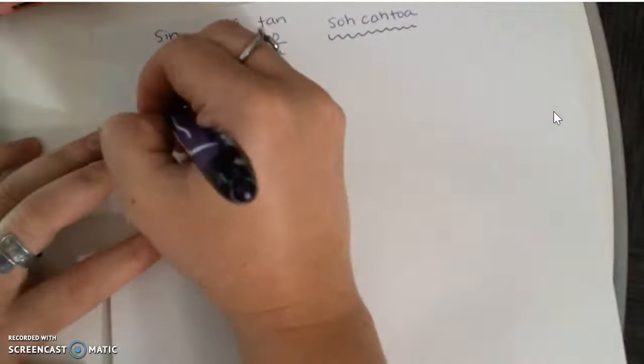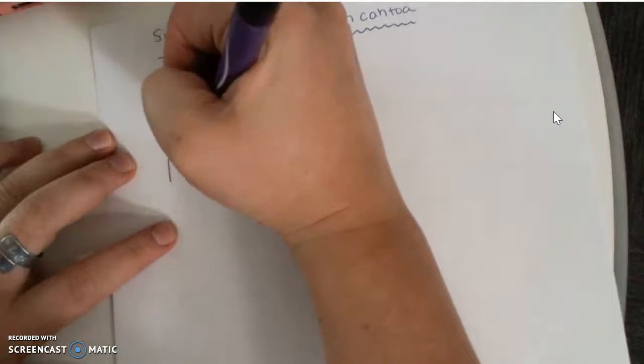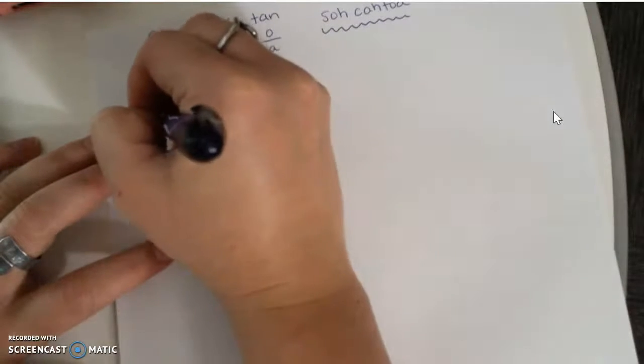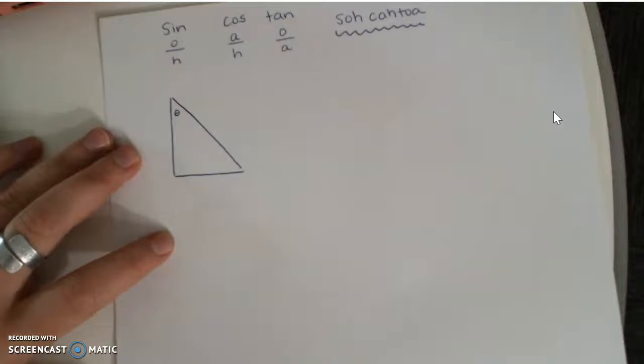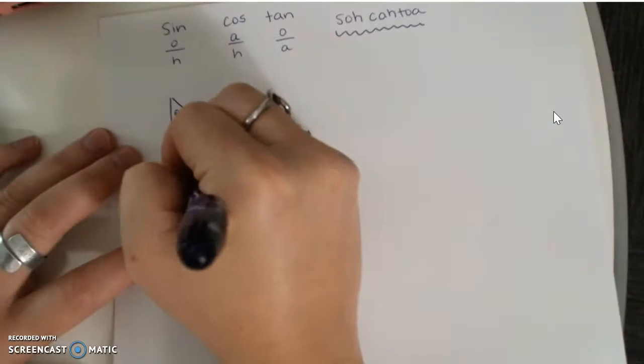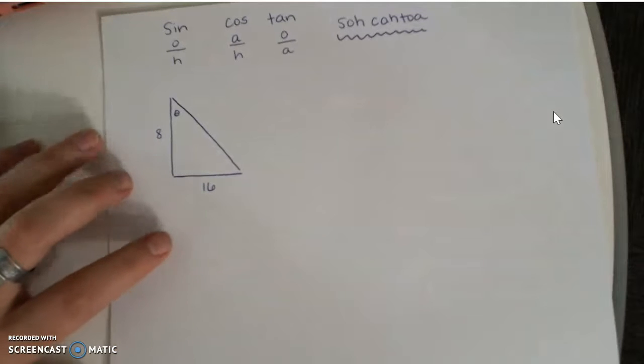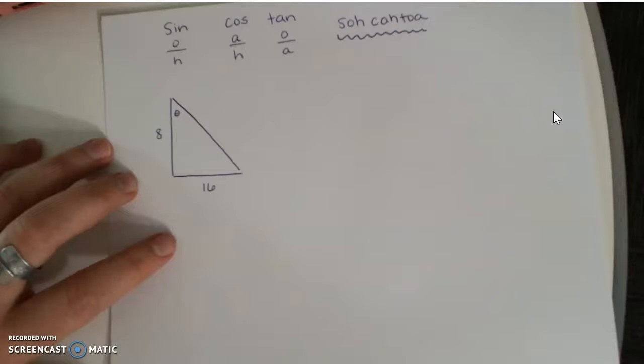Okay, so just for an example of that, in this right triangle, if I was trying to find the angle theta, and I was given this side and this side, and I was not given this side, I can then decide which identity I'm going to use.